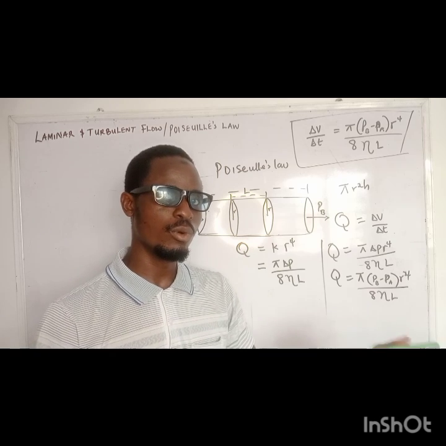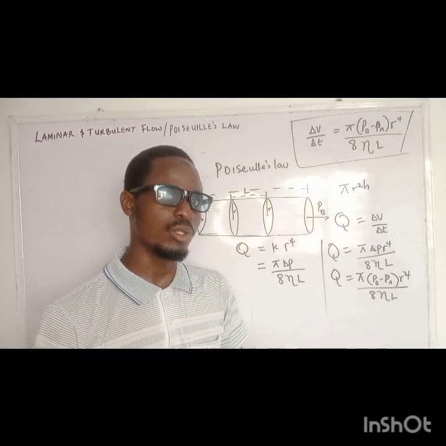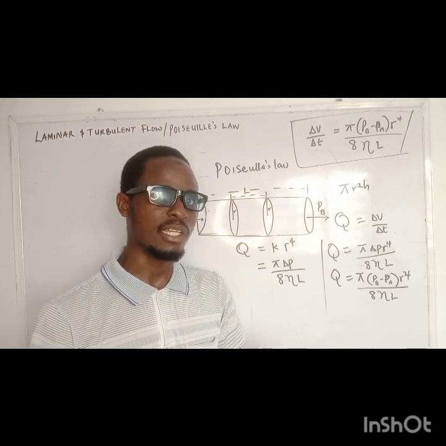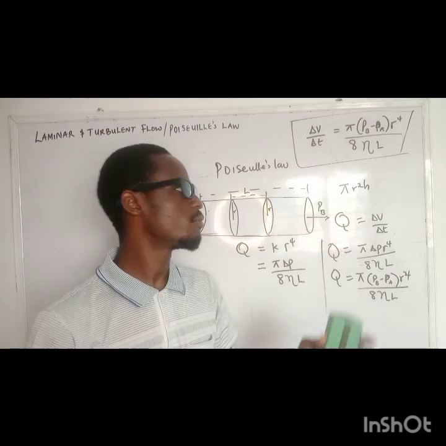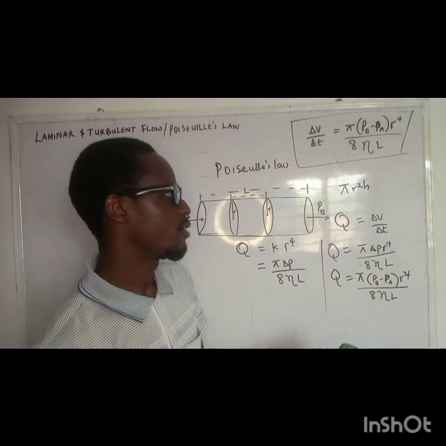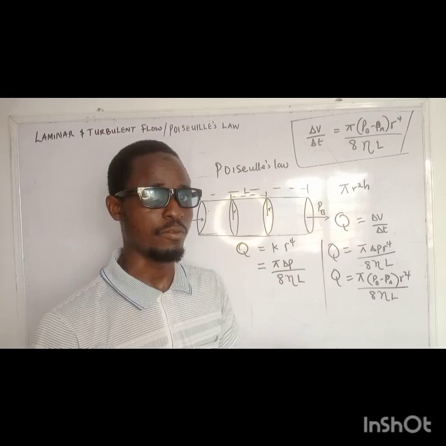Knowing the blood flow rates in arteries and veins could help us understand blood pressure and cardiovascular health. That is one of the significances of Poiseuille's equation. It is not really common, but we have a variety of applications of it in the engineering field.